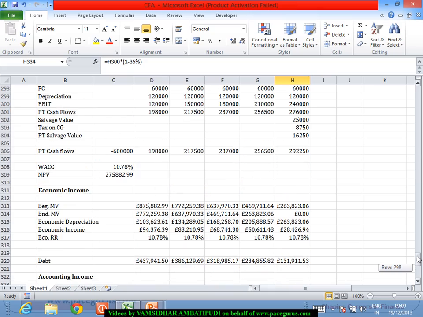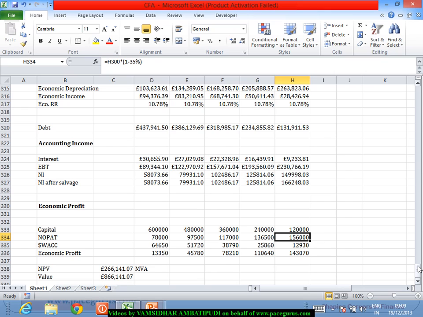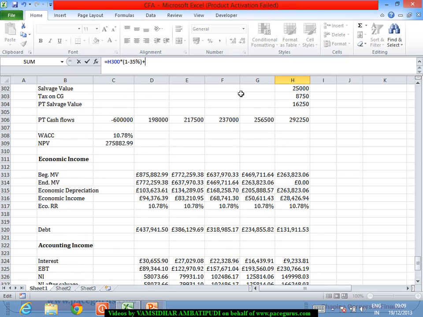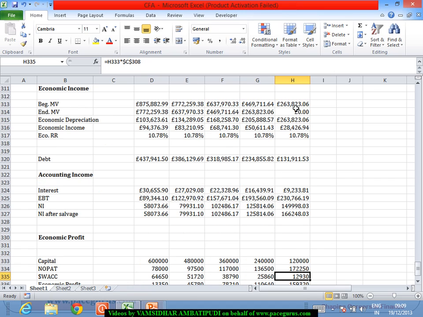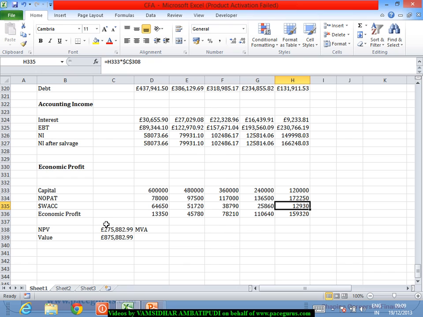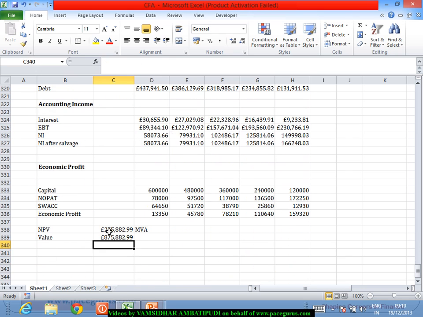So I should add the post-tax salvage value benefit, which is that 16,000 also, and now I am getting 275,882, which is the same as the NPV that I got through the other approach.